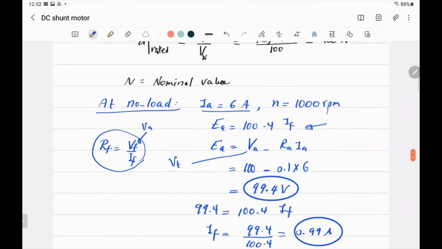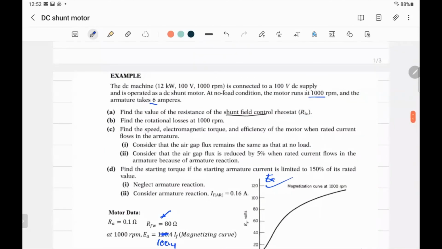Now let's look at the third thing. Find the speed, electromagnetic torque, and efficiency of the motor when rated current flows in the armature, the nominal value of the current, which we calculated as 120 amp.